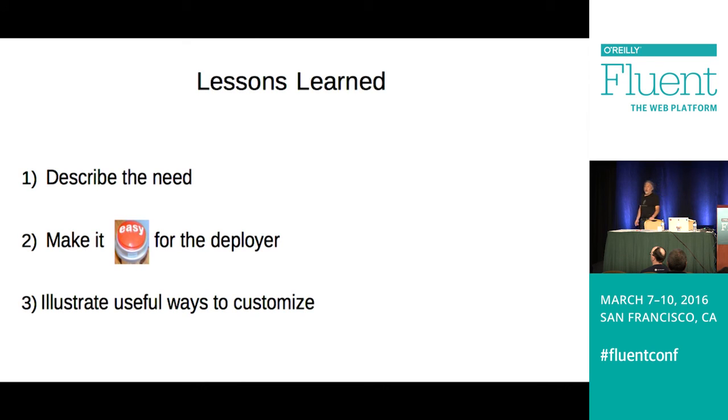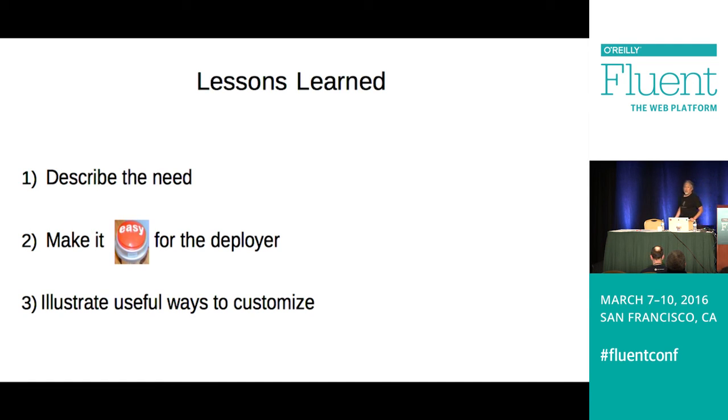So from a meta point of view, what are the lessons learned? Make sure you describe the need for your software. Why your software? Do the work required to make it easy for your deployers to do what you want them to do.